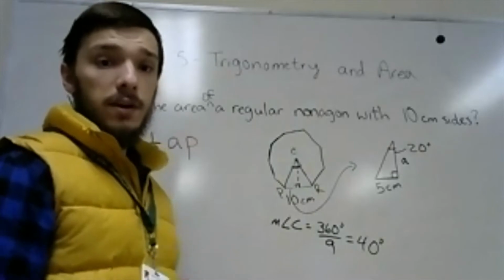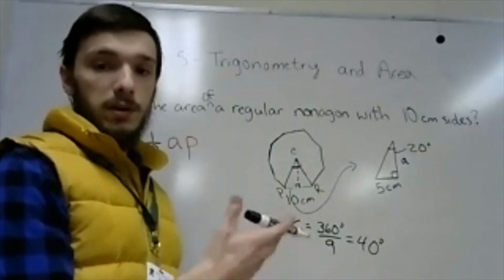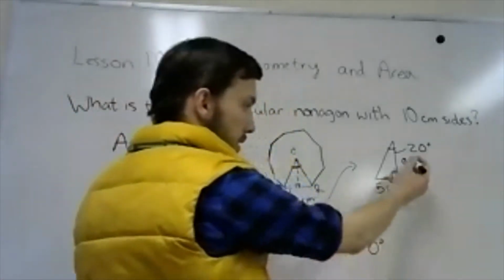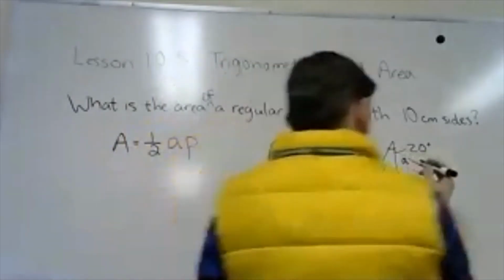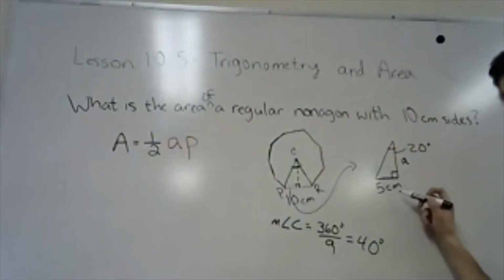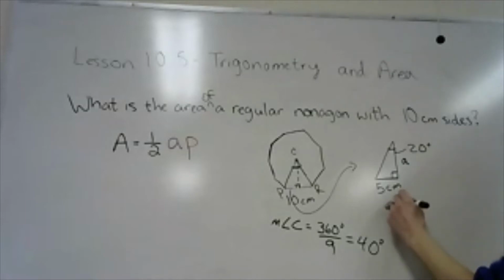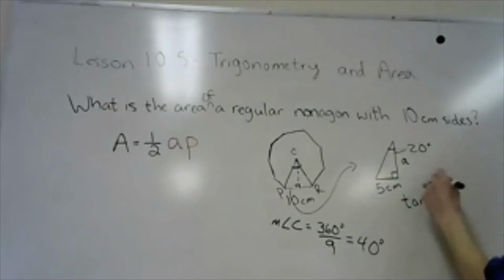Okay, so now we can use a trig ratio to figure out what A is. If we're looking at our 20-degree angle, we have our opposite side and our adjacent side. We can use tangent to help us find a value for A. So we know that the tangent of 20 degrees is equal to 5 over A. Now to solve for A, we could cross multiply.